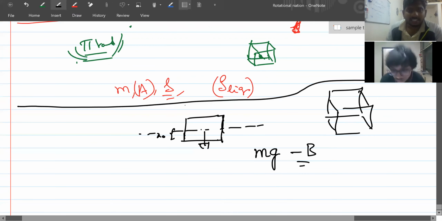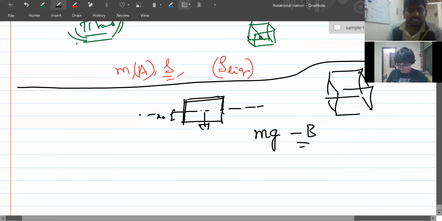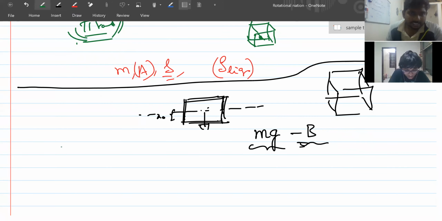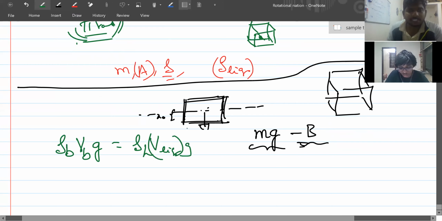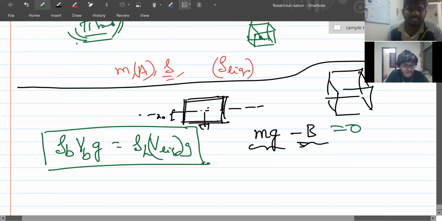Yes, sir. Here, when it is in equilibrium position initially, the downward force is equal to what? The upward force. Got it? Yes, sir. That means the density of the block into the volume of the block into g is equal to the density of the liquid into the volume of the liquid immersed into g, because in equilibrium position both should be equal, then only that force will be zero, right? Balanced force.